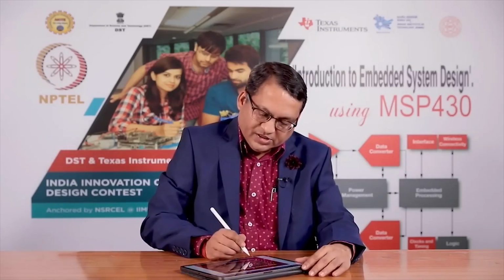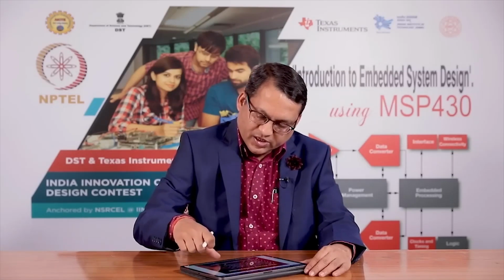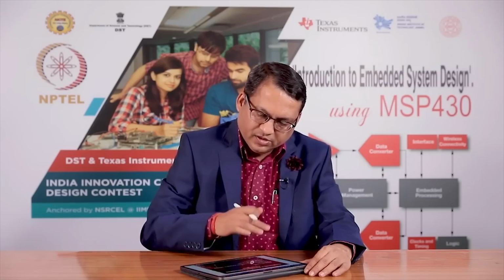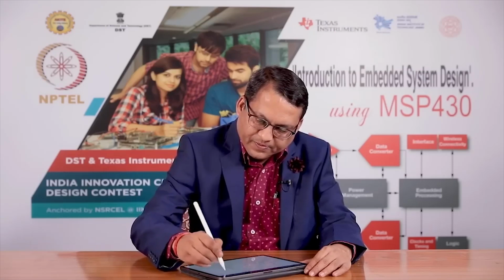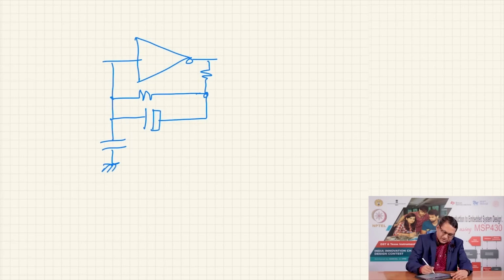Another method uses a temperature sensor and a varactor diode, and the way these crystals work is, the circuit diagram of a crystal oscillator is like this: you would have an inverter and a large value resistor, another resistor here, and you would have a crystal between these pins, and a couple of capacitors, as I mentioned, low value capacitors.